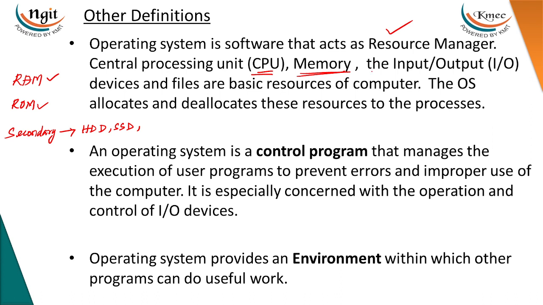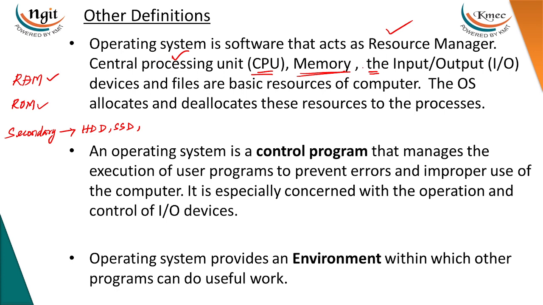There are also input output devices like printers, scanners, joysticks, keyboards, mouse. They come under input and output. These are the basic resources of your computer. To access these resources, the operating system acts as resource manager. That means every user process, in its lifetime, needs some resources.